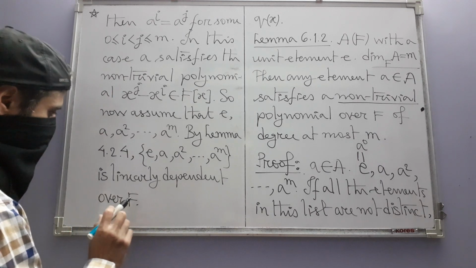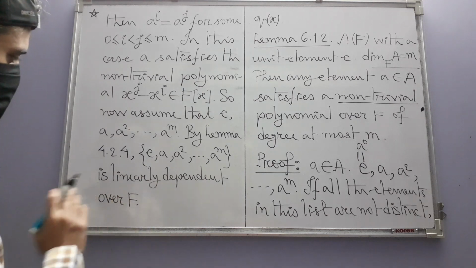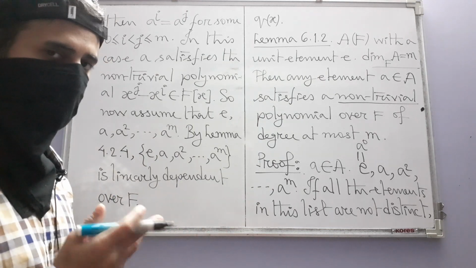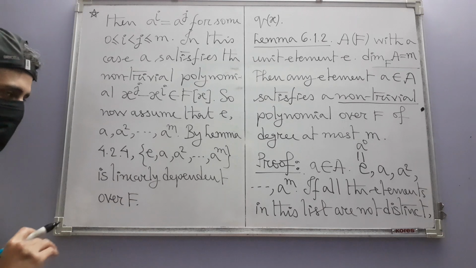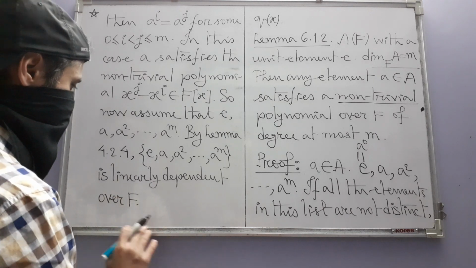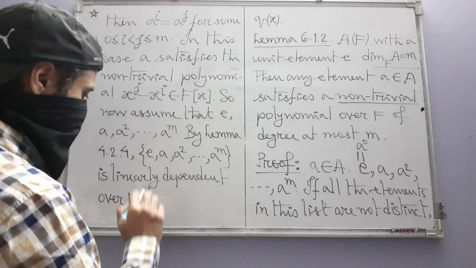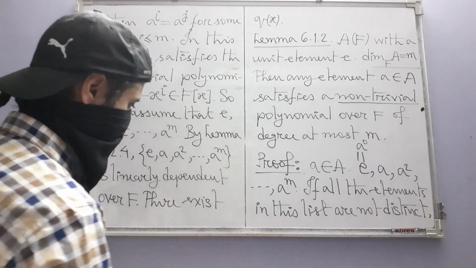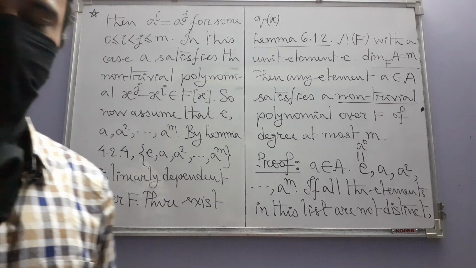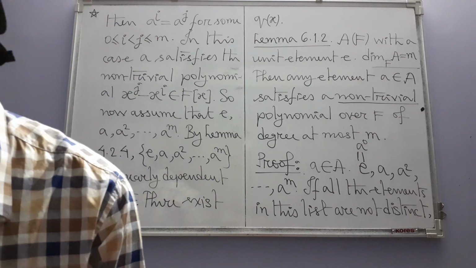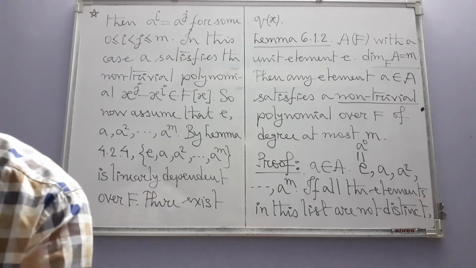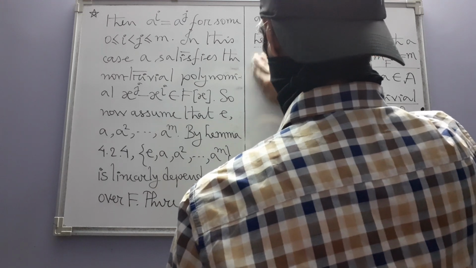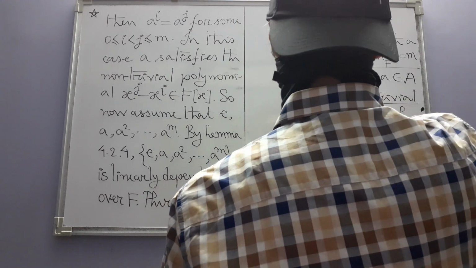You may choose to not write "over the field", because if there is only one underlying field, that is not needed. If there is more than one field, then of course you have to mention over which you are considering dependence or independence. So that means there exists a linear dependence. Means what? There will exist scalars in the field. How many scalars? As many vectors as you have. Not all of which are equal to 0, but the linear combination they give us of these vectors will be 0.